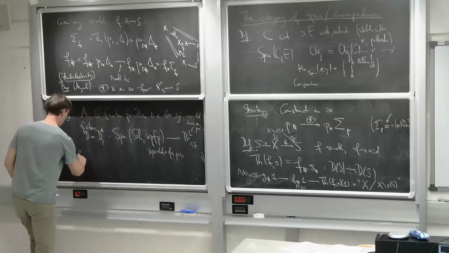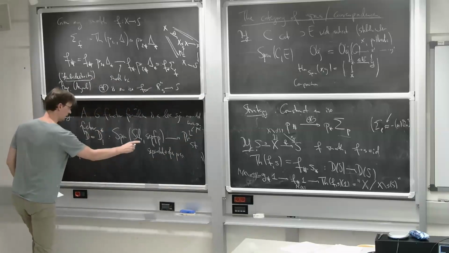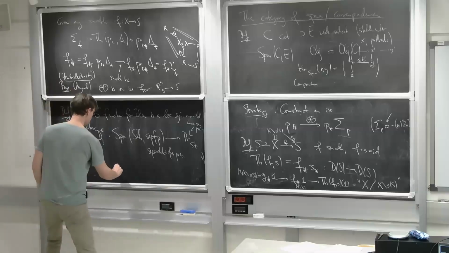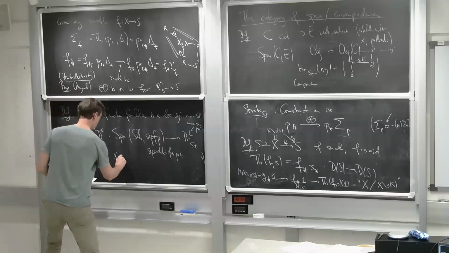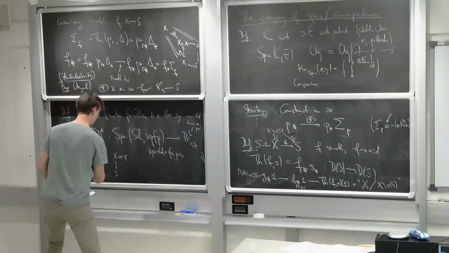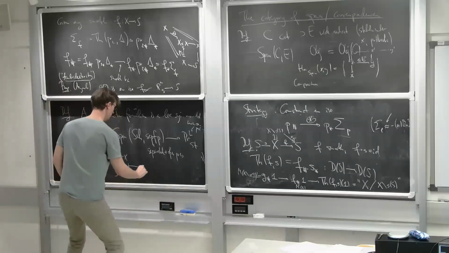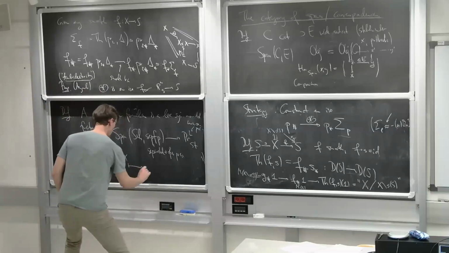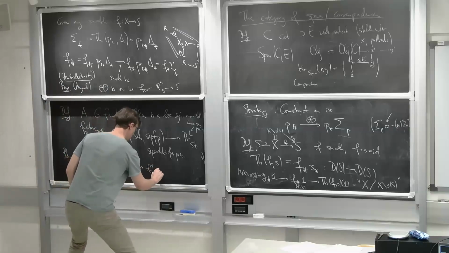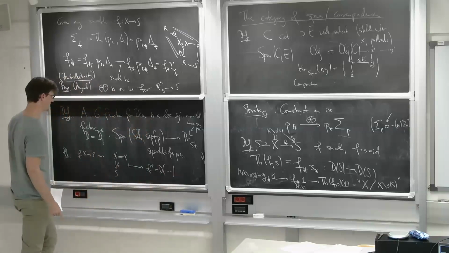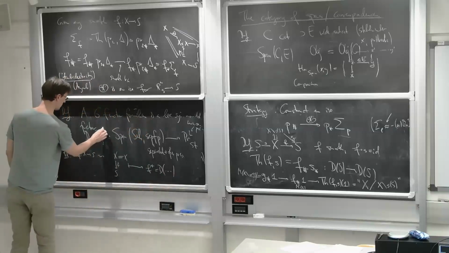If you have a map in schemes, then you get two possible correspondences. One is you can regard it as a correspondence in this way, and if you do this, then you can apply D to it, and we will call this f upper star. This is going to be D of this line. So this gives us the contravariant functoriality.